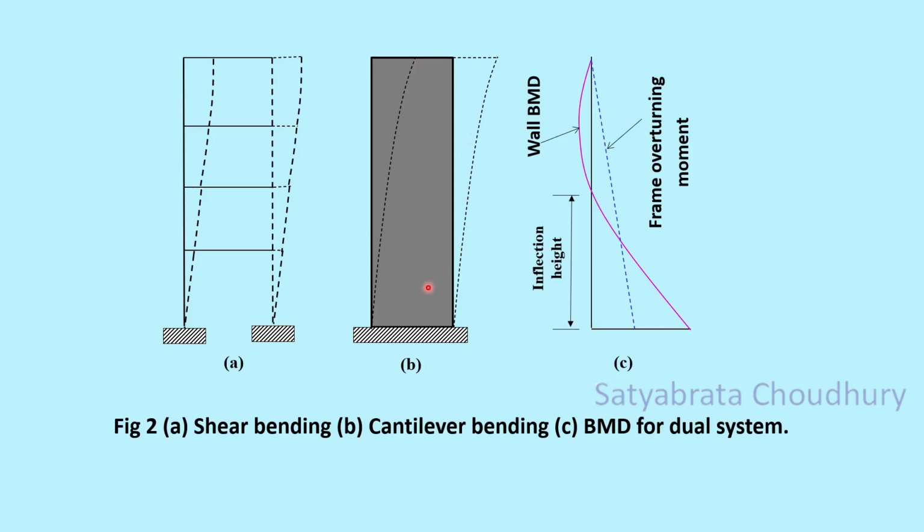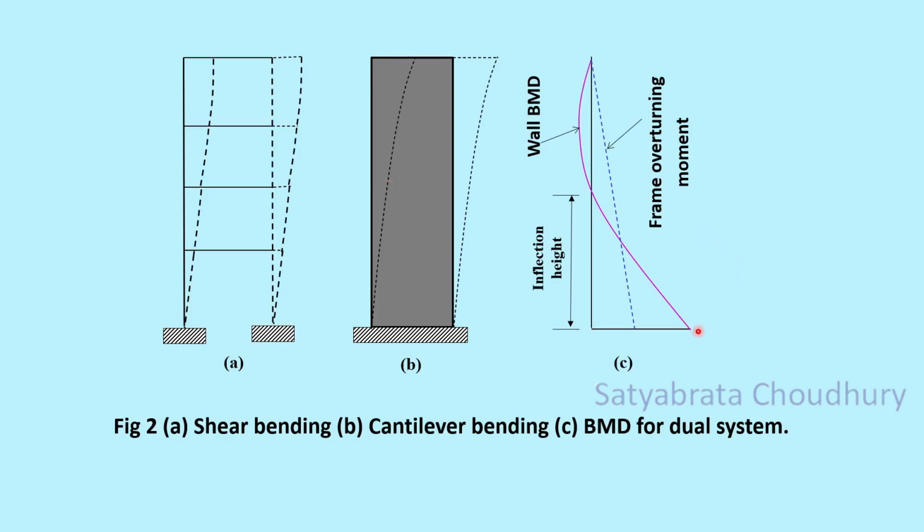So this is cantilever bending and this is shear bending, and both the walls and the frames are connected together monolithically in the building. So they will interact with each other. One will try to nullify the action of the other, because this convexity is on the right hand side and that convexity is on the left hand side. So their actions are something like opposite to each other and they interact.